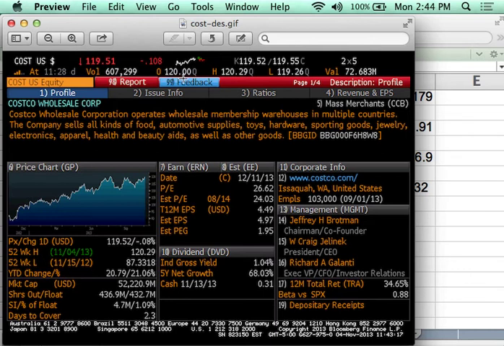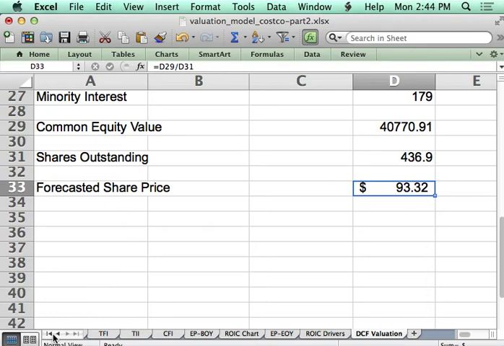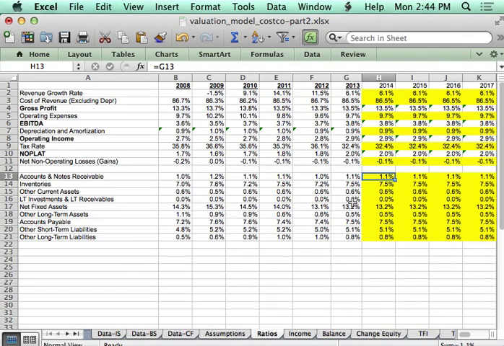But just as an example of this, if I want to understand what must the market be thinking to get to a $119 share price, I can go back to my ratios tab as just a quick example, and I could say, instead of a cost of goods sold of 86.5% and a gross margin of 13.5%, what if it were 85.5%, 1% lower, and therefore 1% higher gross profit, 14.5% instead of 13.5%?